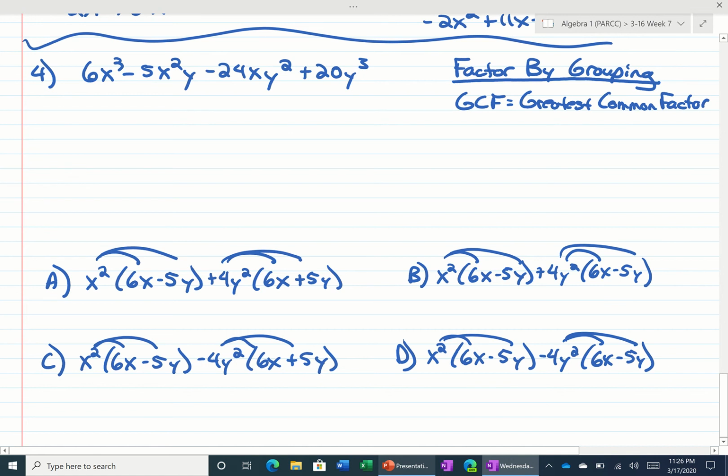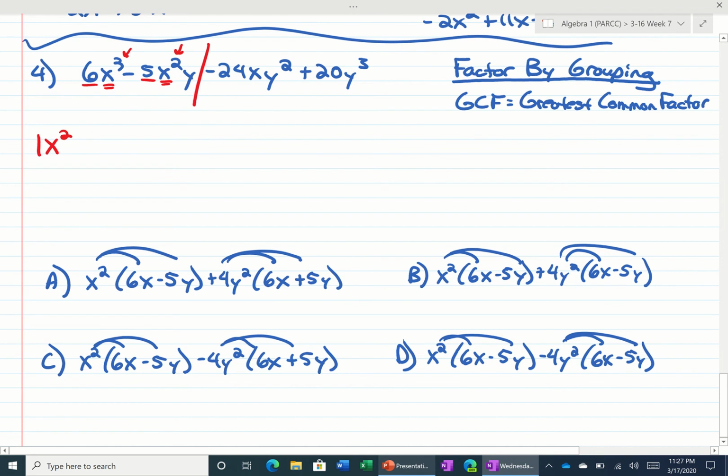So what we're going to try to do is figure out what that is in each half. So if we cut this down the middle, just look at each half. The greatest common factor between 6 and 5, meaning the greatest number that goes into 6 and 5, is 1. This has x to the third, this has x to the second. We're looking to see how many x's they have in common, meaning what's the highest number you could take away from both of those. Well, we could take one x away and make this x to the second and x to the first, or we could take two x's away, because this has 3 and this has 2.